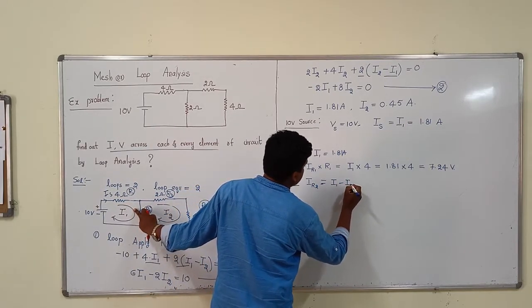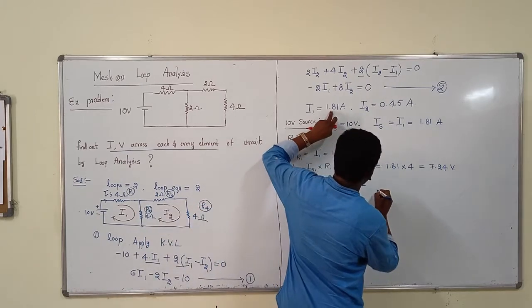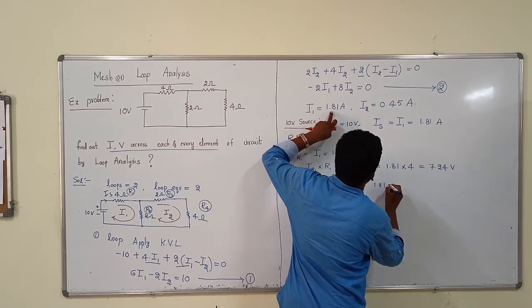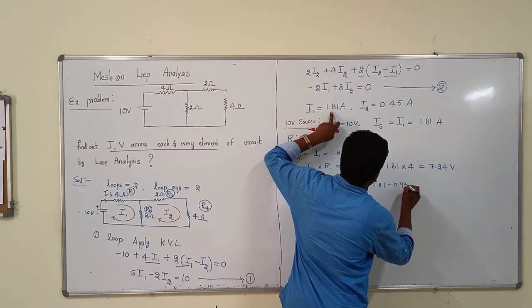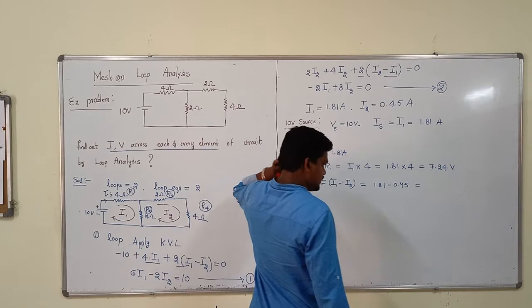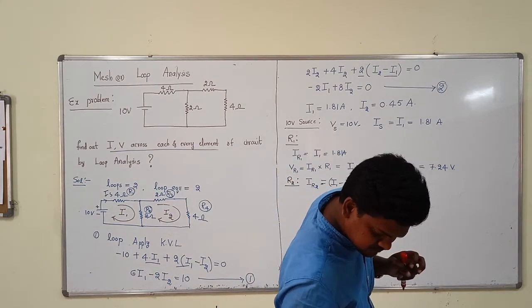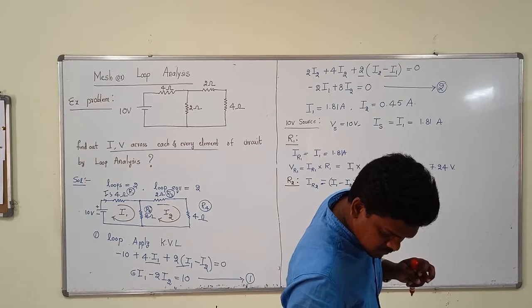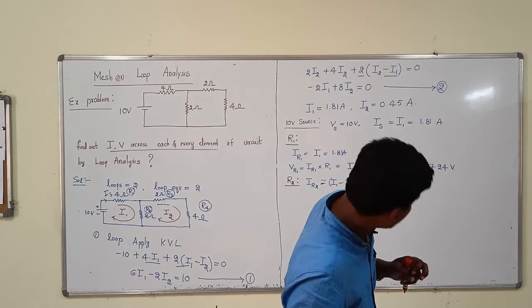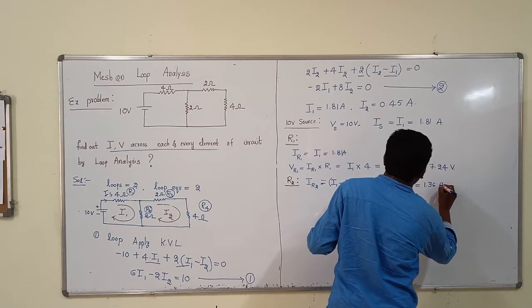What is I1? I1 is 1.81 minus 0.45. By simplifying this, we will get 1.36 amps.